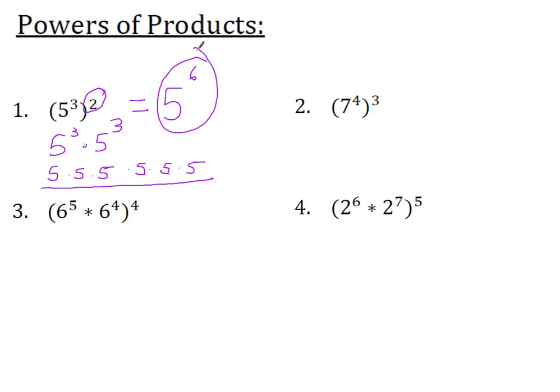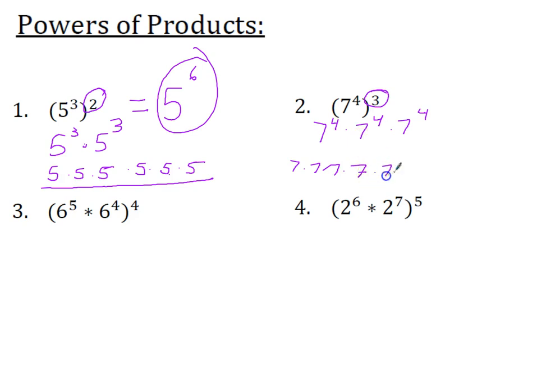Okay? We're going to do the exact same thing here. We have 7 to the 4th to the third power. The first thing I'm going to deal with is this exponent outside. So I'm going to make 3 copies of 7 to the 4th power. And now I'm going to break each one. So 7 to the 4th, I'm going to put 4 7s.